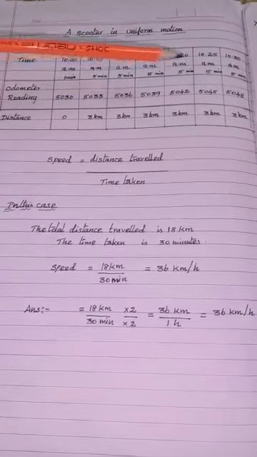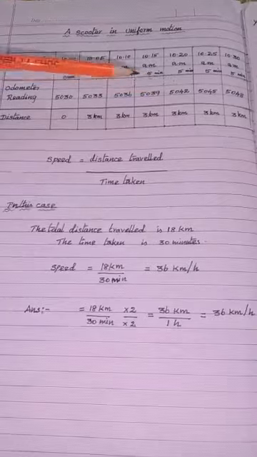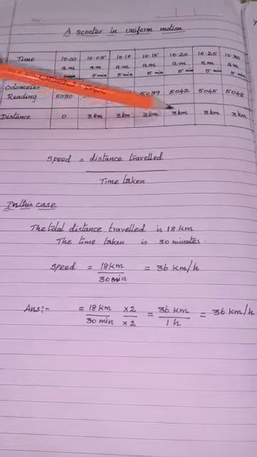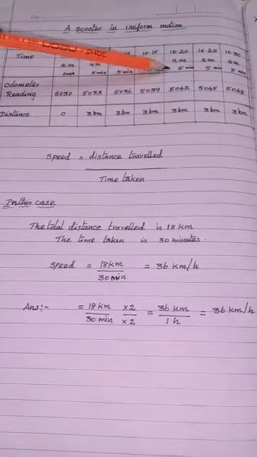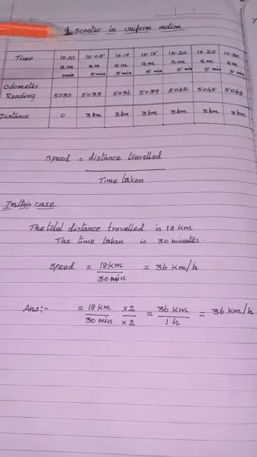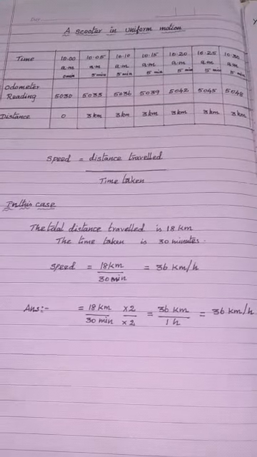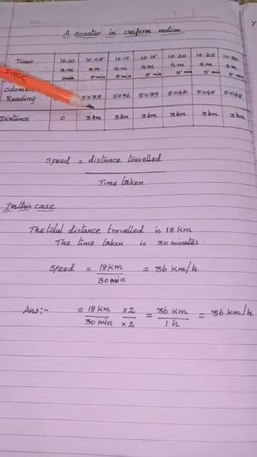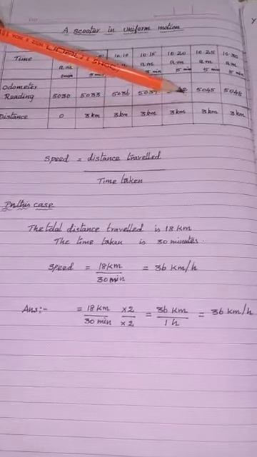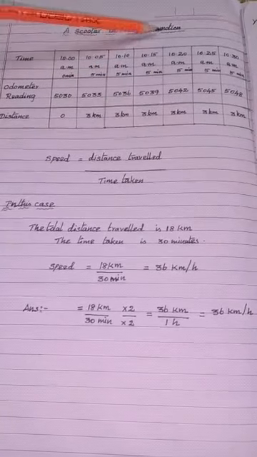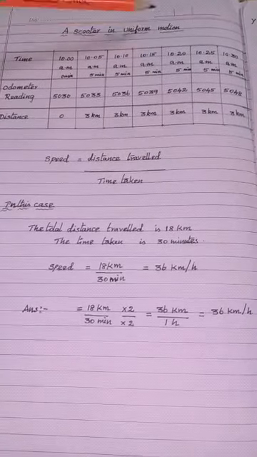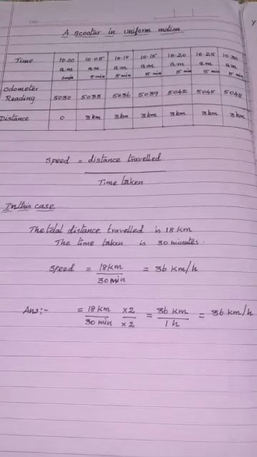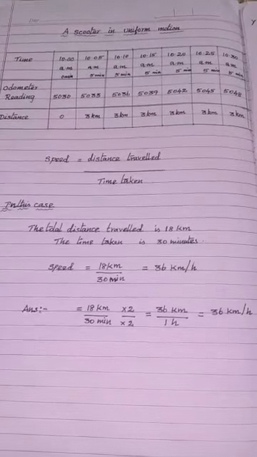It can be seen that the scooter travels 3 kilometers every 5 minutes. Since the distance travelled by the scooter every 5 minutes is the same, it is in uniform motion. Its speed remains constant throughout the journey.